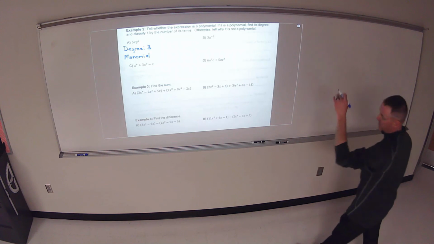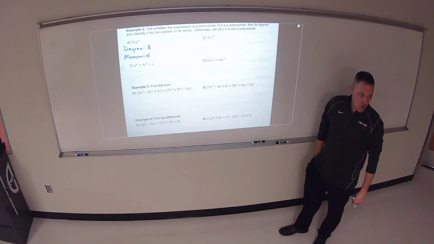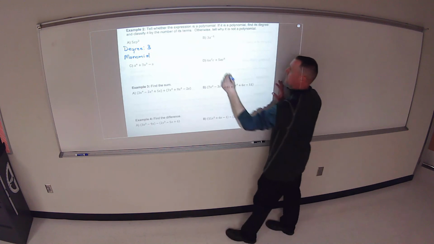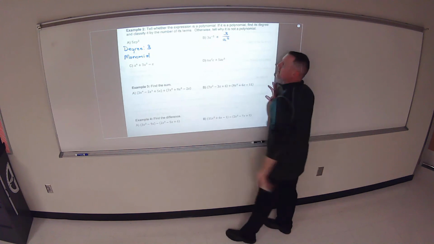Okay, number 2b. Is this a polynomial? No. And here's why. What would we usually do with the negative exponent? We'd move it to the bottom and it would become 3 over a to the 5th. This is what we talked about.